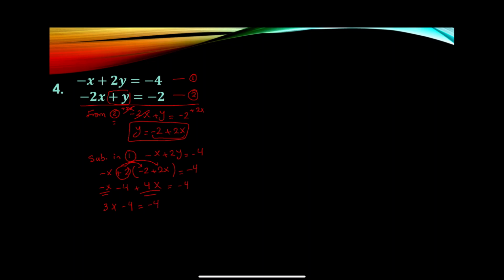Now in order to get rid of this, I should add positive 4 to both sides. So this will be cancelled, so 3x equals negative 4 plus 4, which gives us 0. So divide both sides by 3. This will be cancelled, so x is equal to 0 over 3, which is equal to 0.